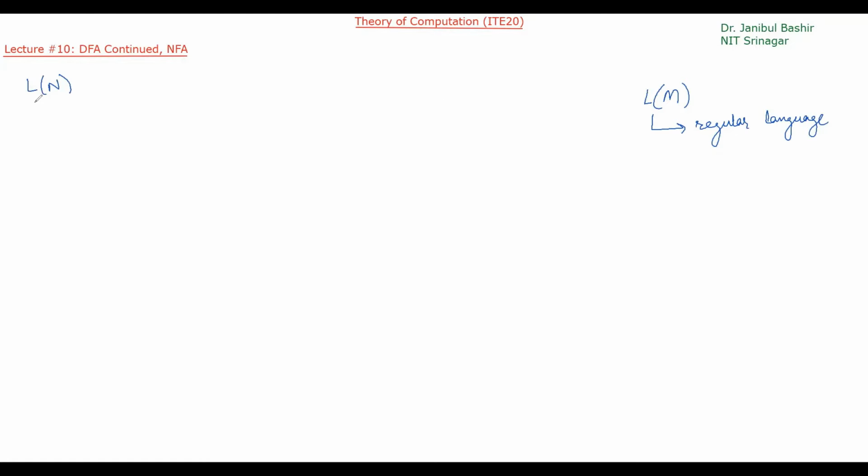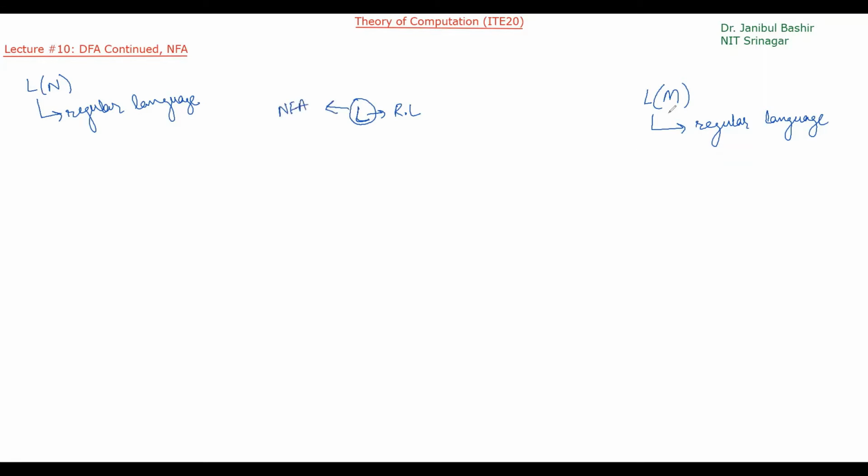Similarly, the language accepted by an NFA is also a regular language. So if we have a language L that is a regular language, it means that for this language there exists an NFA.